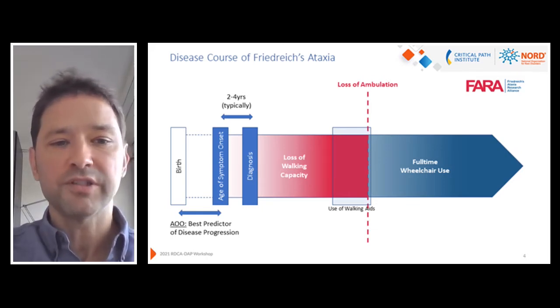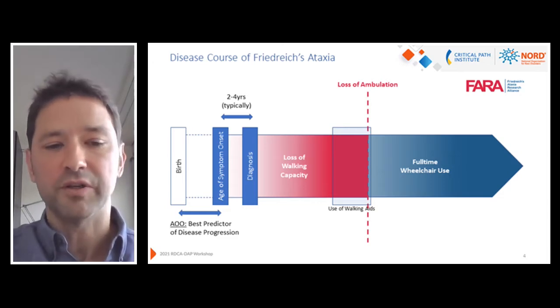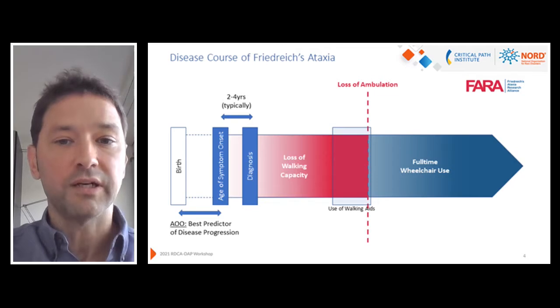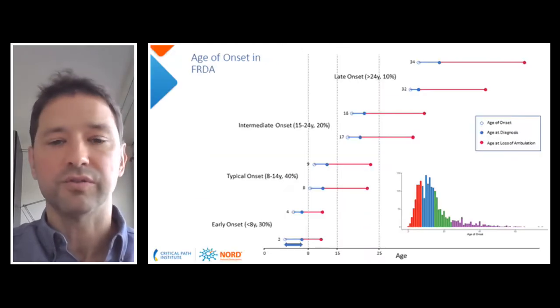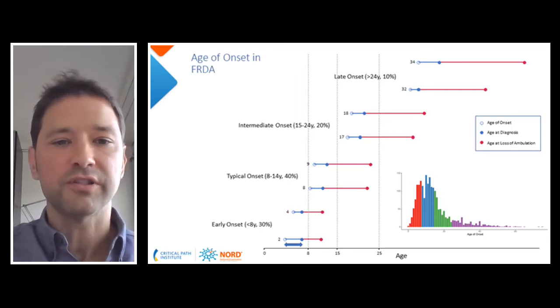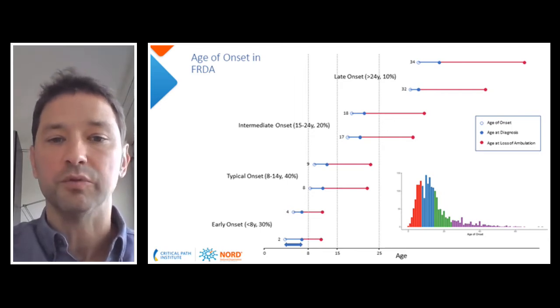Now I've mentioned age of onset. I have dashed lines here because age of onset can really occur at any time in life. It happens in really young children and, as you've seen in the previous slide, also during adulthood. And I've tried to visualize that here by showing age of onset as a circle and age of diagnosis as a blue dot.